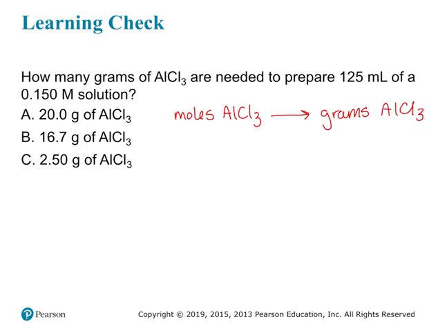And remember, we need the molar mass in order to do that. So let's calculate the molar mass of aluminum chloride. I'm going to pull up my periodic table on a separate device here. If you want to pull out your periodic table and follow along, you can.